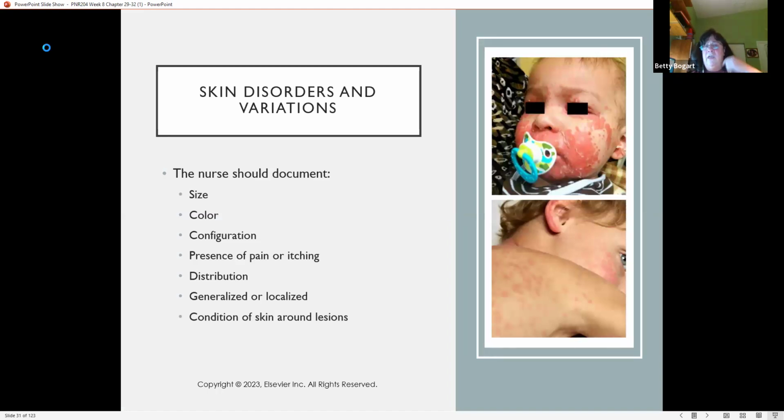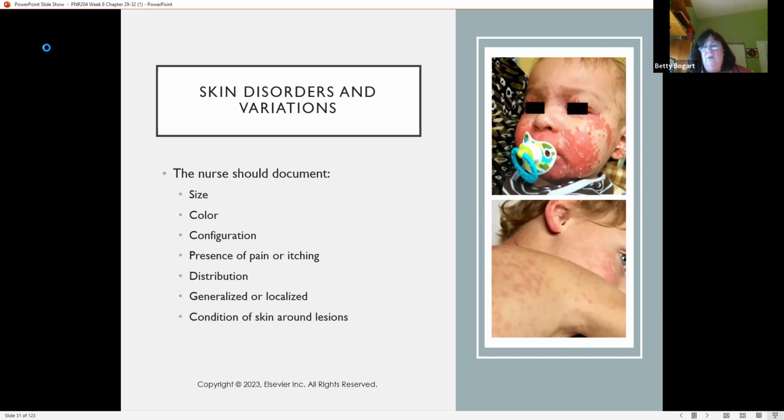So when we're looking at skin problems, we need to document what we see. And we know skin problems change from day to day, from morning to night. It's just children. So documenting is important. And now we have this guideline to look at.